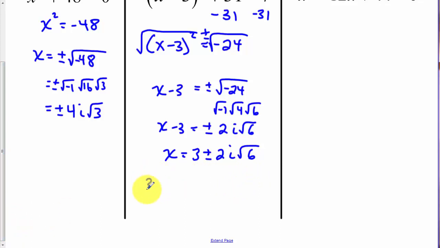This represents 3 plus 2i radical 6 and 3 minus 2i radical 6. When we're dealing with complex solutions to quadratic equations, if you have a complex solution, it will always come in conjugate pairs. So this is 0 plus 4i radical 3 and 0 minus. It's a pair of complex conjugates. This is a pair of complex conjugates, so they will always come in those pairs.